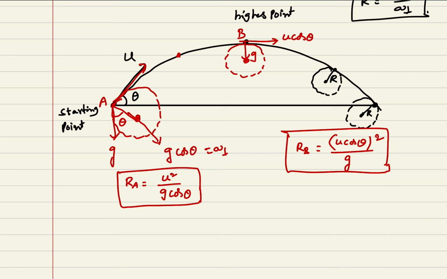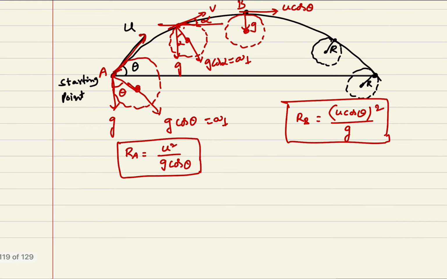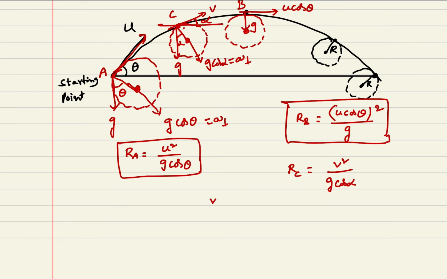If you want to calculate the radius of curvature at any other location, at this point, you can see g is in the downward direction, and it makes, say, angle alpha. Now if this is alpha, 90 minus alpha, this is also alpha, so g cos alpha is the perpendicular component. The radius at point C can be written as v square divided by g cos alpha, but I don't know the v value there, so I can write v cos alpha is equal to u cos theta.